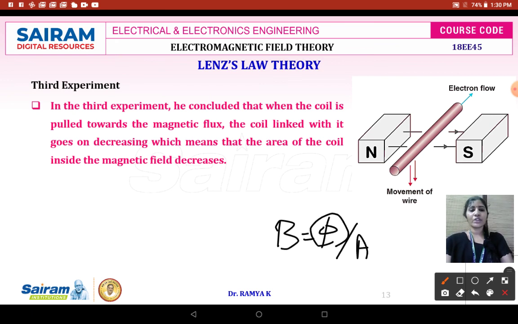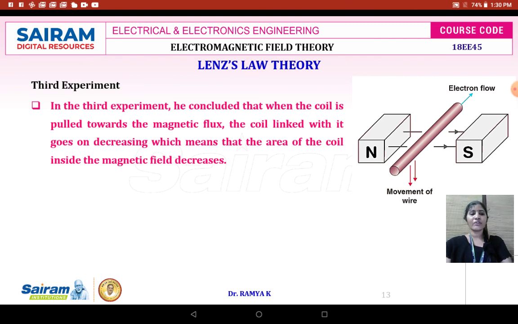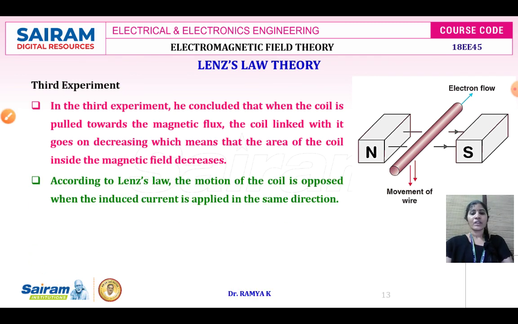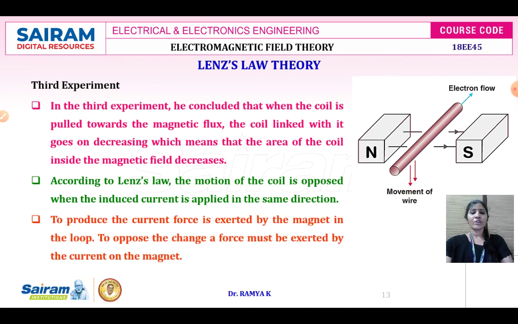When your phi changes, the area of the coil inside the magnetic field also changes. So according to Lenz's law, the motion of the coil is opposed by the induced current. To produce the current, force is exerted by the magnet on the loop. To oppose the change, a force must be exerted by the current on the magnet.